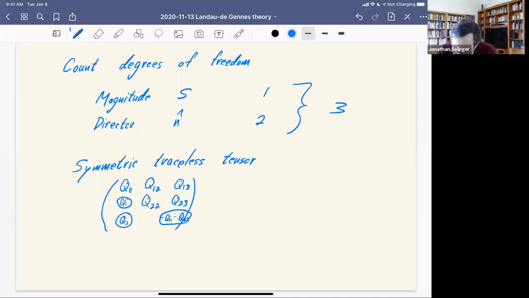This has to be the same as Q12. This has to be Q23 in order for the tensor to be symmetric. So of these 9 elements, 4 of them are constrained by the constraints of being symmetric and traceless. But that still leaves 5 numbers that we have to choose. So it looks like there are 5 degrees of freedom.